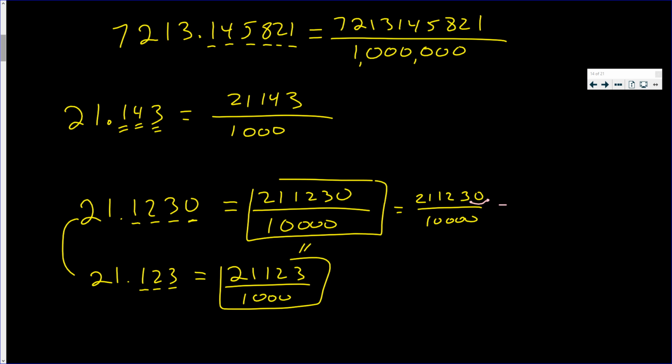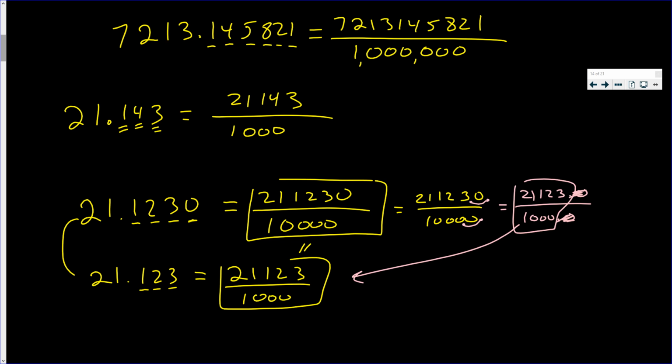I move it to the right 1 place, which gives me this number, and the 0.0 you don't need. And I move this one to the left, 1 place, and I get 1000.0. You don't need this. And if you look carefully, now they're exactly the same.